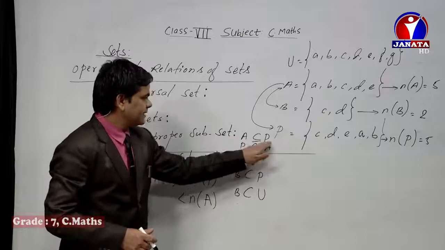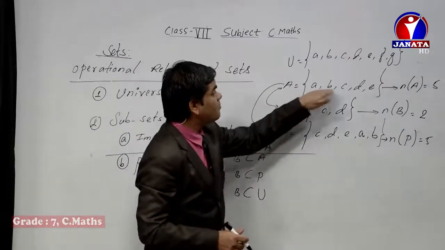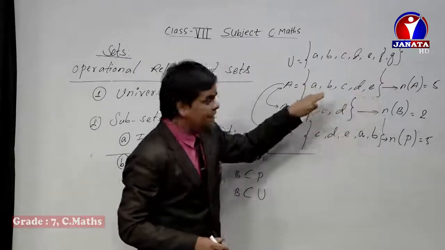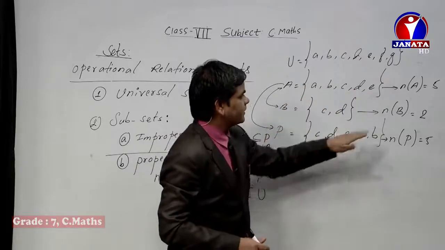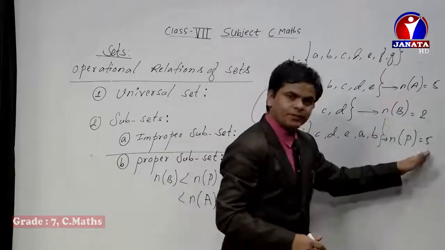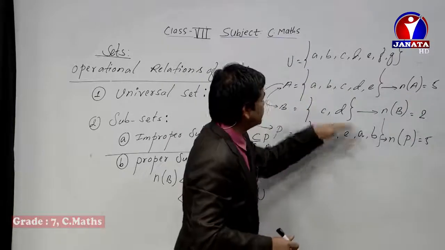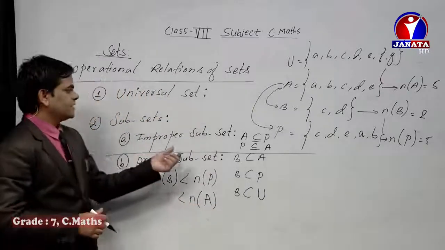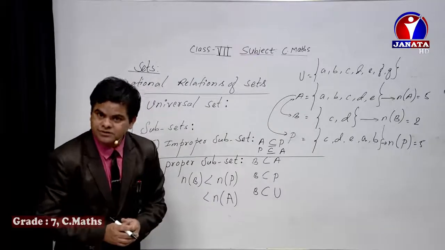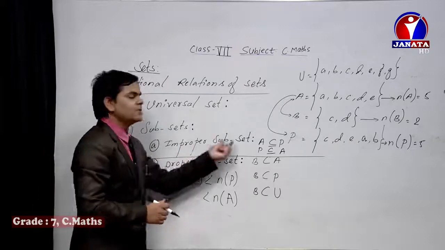When we count how many elements there are, if we find them cardinally equal, and if we also find the same elements, that situation, the relationship between the two such sets, is known as improper subset.